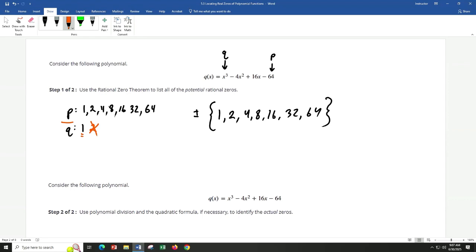You've got to start plugging in numbers into your calculator, which literally means taking that 1 and plugging it into that formula and going, which one of these, whenever I plug it into my calculator, will give me a 0 at the back end. And then when you try out 1, if it doesn't work, what do you have to try out? -1, because there's a plus and minus there. Okay, so let me show you how this works.